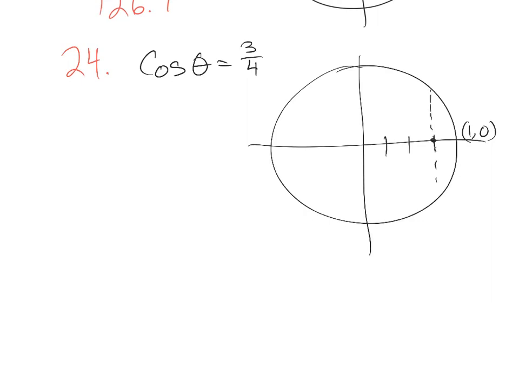Cosine is positive in the first and the fourth quadrants. So first, find the first angle. So visually, that's what you have, 41.4 degrees.